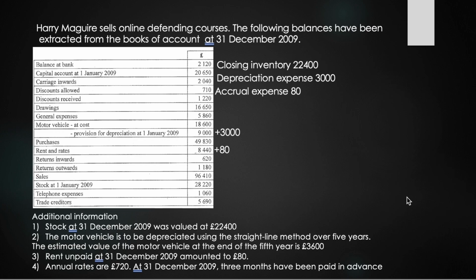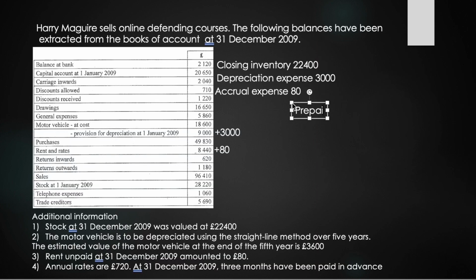Fourth adjustment, annual rates are 720. At 31st December 2009, 3 months have been paid in advance. So this is just the opposite of the third adjustment. We've paid an extra 3 months. So as I said before, you should only include amounts that you should have paid, not what you have paid.